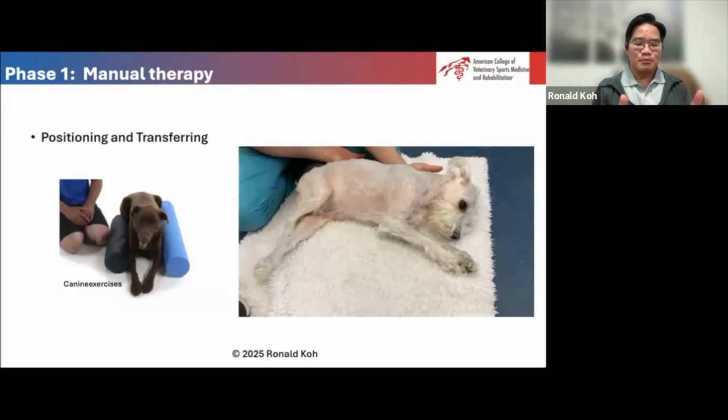So I tell the owner to put them in a sternal position as much as possible because, think of this, when the dog gets ready to stand up, the first thing they need to do is get into a sternal position before they can stand up. It would be easier for them to stand up from a sternal position.